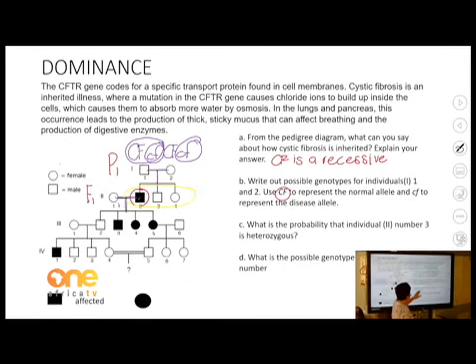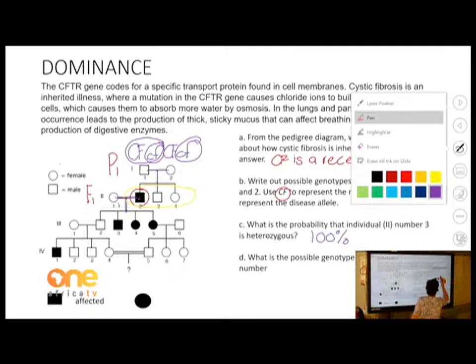Now, what is the probability that the individual in line 2, number 3, is heterozygous? Is there a possibility? I think the possibility is 100%. Because, no, sorry, it is not 100%.